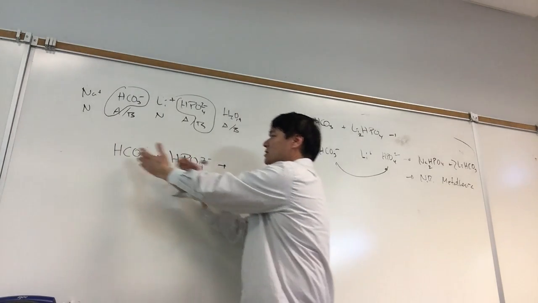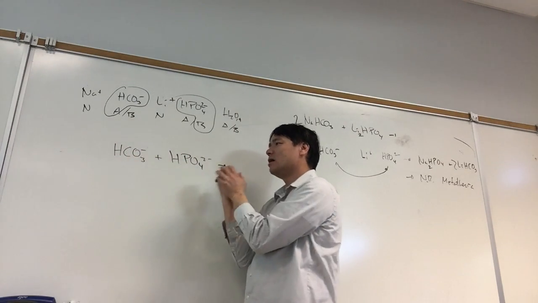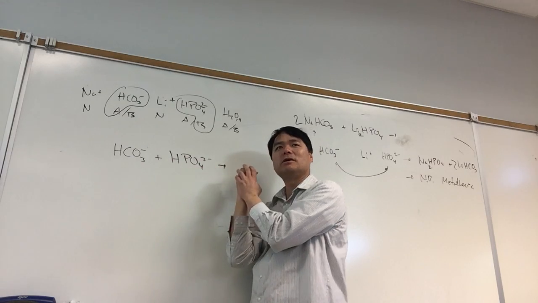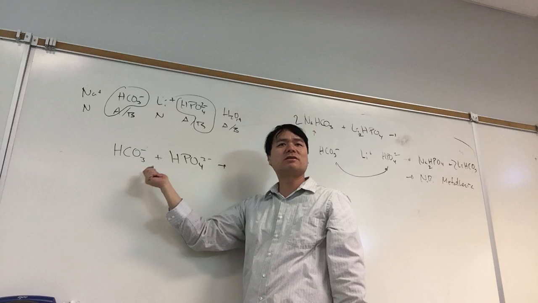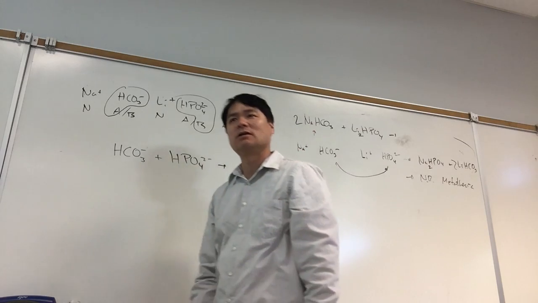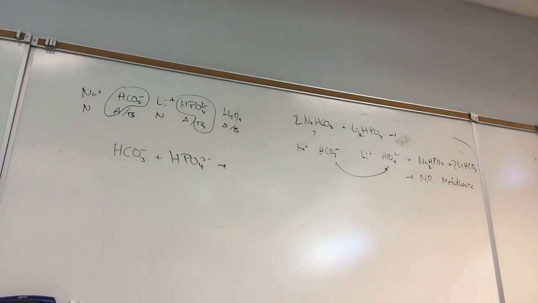This one attacks this one and tries to pull the proton off. Oh, it's much easier to pull the proton off because this is a better acid. The stronger acid will react because it's just easier. So, what forms?